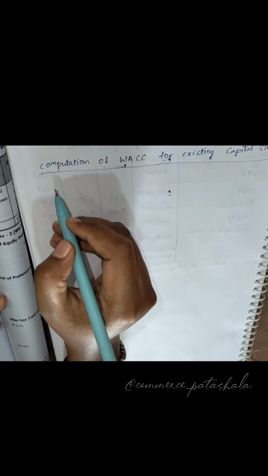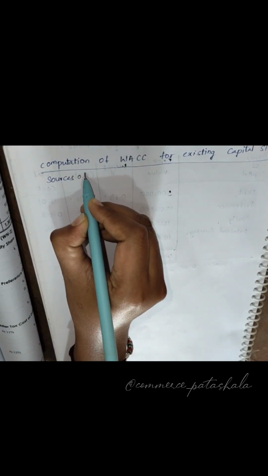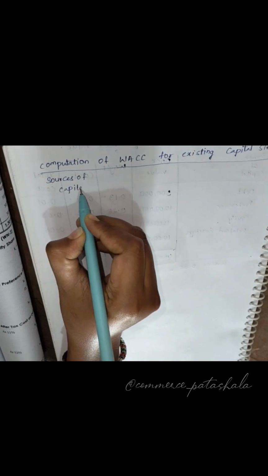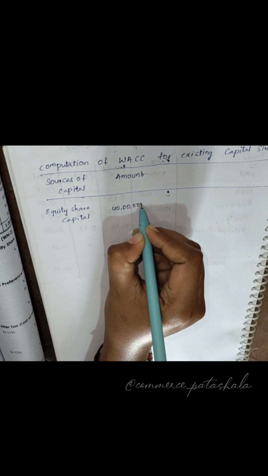First of all, write down the sources of capital as mentioned in the question. What are the sources that we have in the question? Equity share capital, the amount being 40 lakhs, as per the existing capital structure.